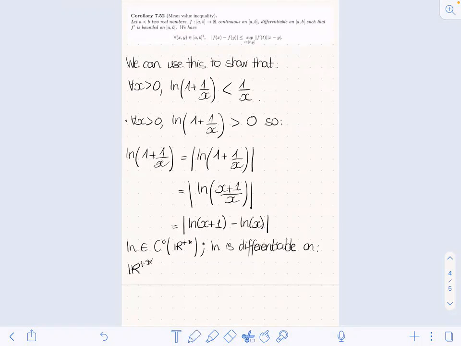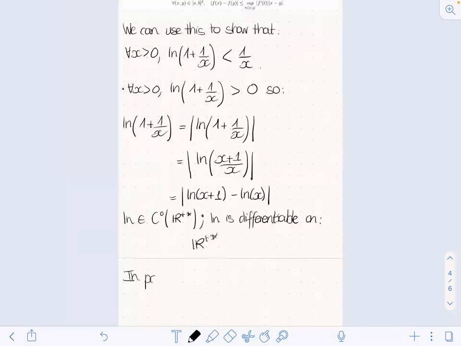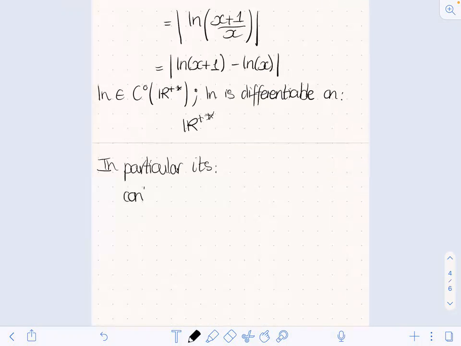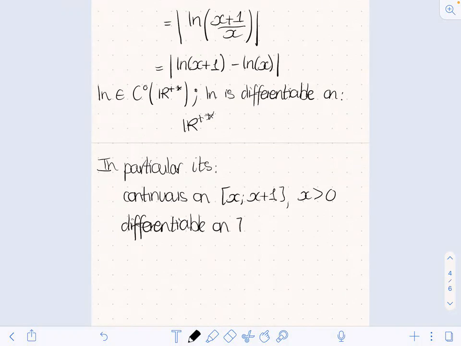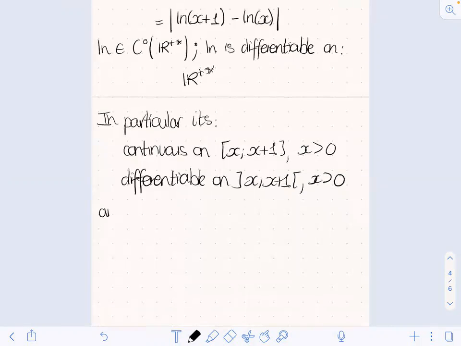So in particular, if we want to apply the theorem above, it's continuous on x to x plus 1, if we take x strictly positive, and it's differentiable on x to x plus 1, x strictly positive, and for any t belonging to x to x plus 1, ln prime of t is equal to 1 over t.